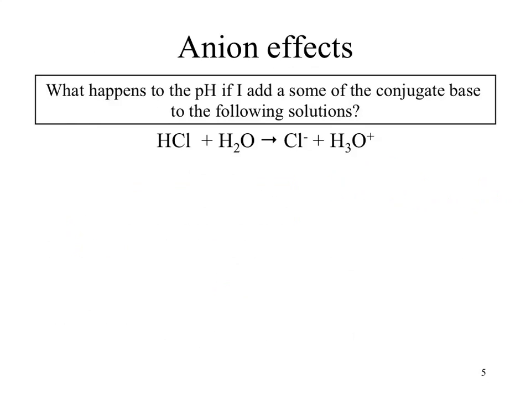If I just take chloride ion and add it straight to water, does the pH change? Does the chloride ion react with water? What would it produce if it reacted with water? So let's take chloride, add it to water. What do we get?